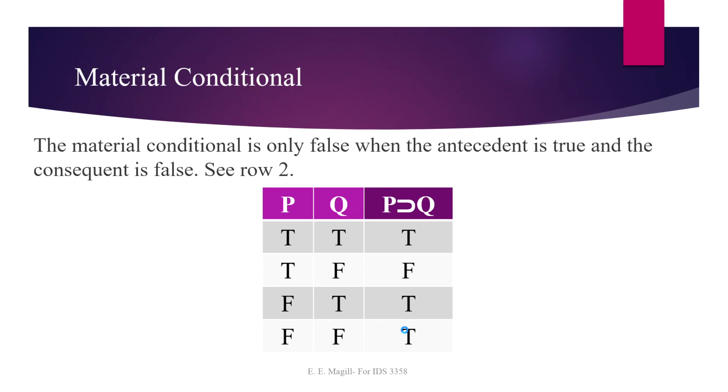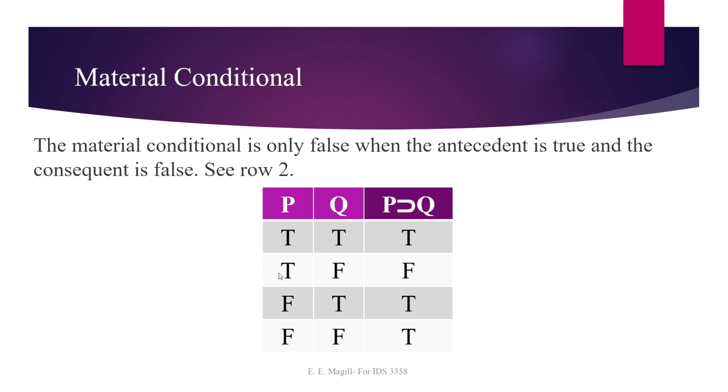On the fourth row, it's not raining and the ground isn't wet. This doesn't show anything about the truth of the claim that the ground would be wet if it had been raining. Only the second row, on which it is raining but the ground is not wet, invalidates the claim that if it's raining, then the ground will be wet.